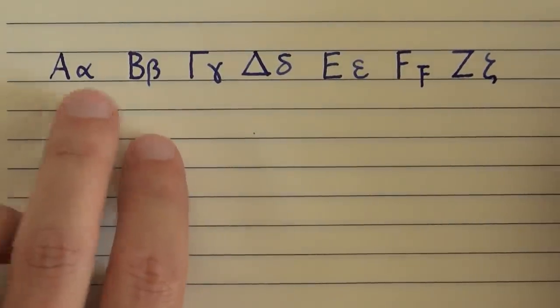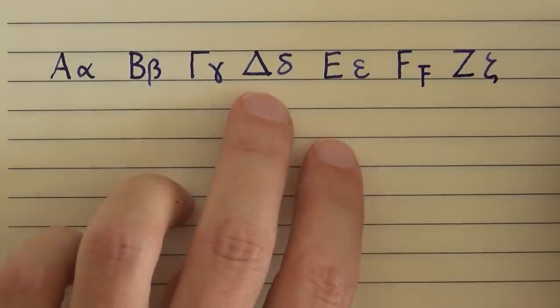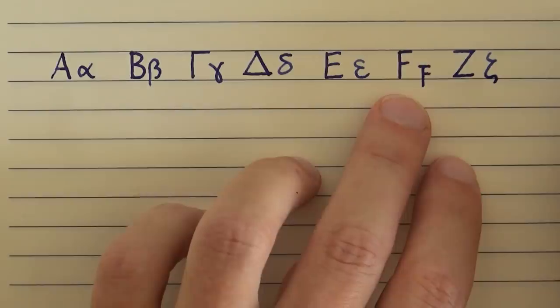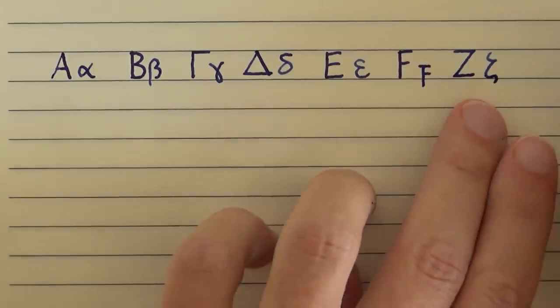We have alpha, beta, gamma, delta, epsilon, vav or digamma, zeta.